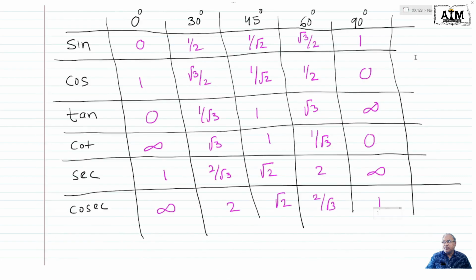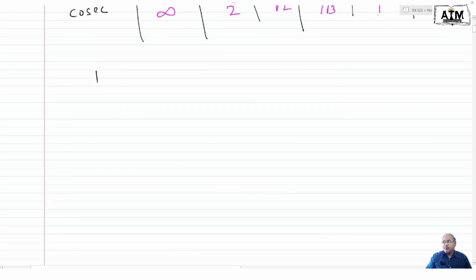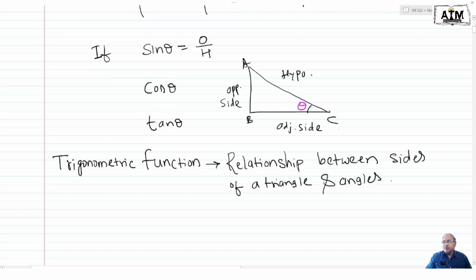So what is the difference between trigonometric equation and trigonometric functions? Let us understand now. If you write only sin theta, then it is a trigonometric function. If you write only cos theta, it is a trigonometric function. Sin theta equals opposite side upon hypotenuse. Now three things are involved: theta, the length of the opposite side, and the length of the hypotenuse.